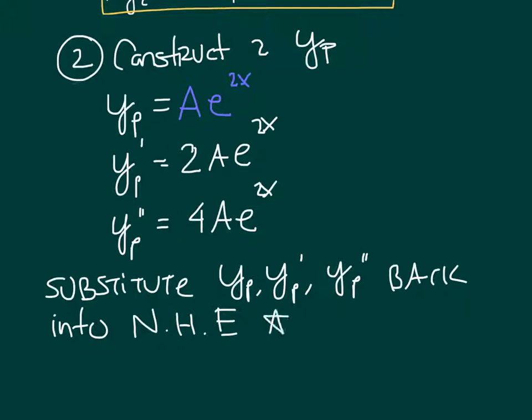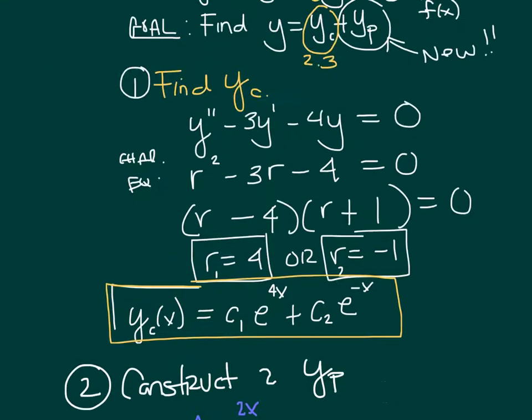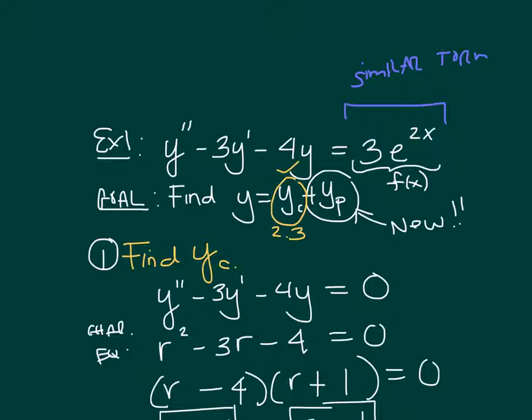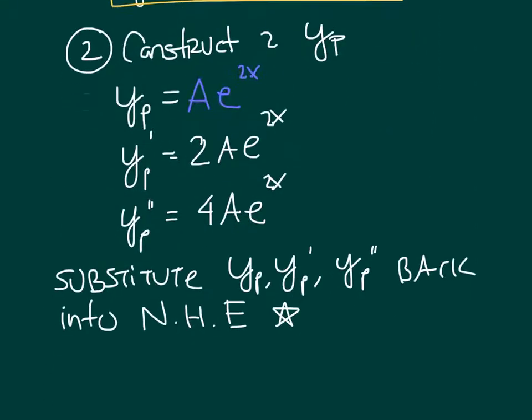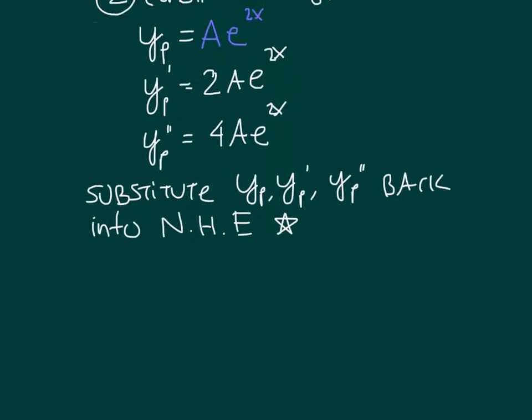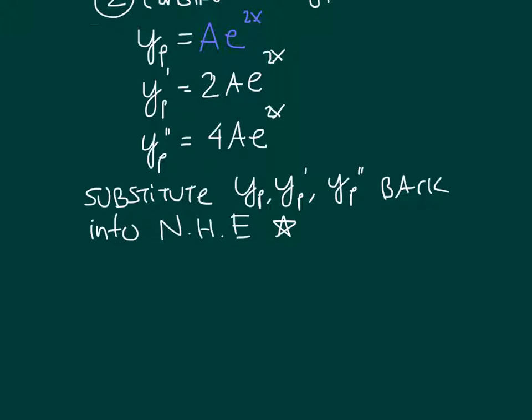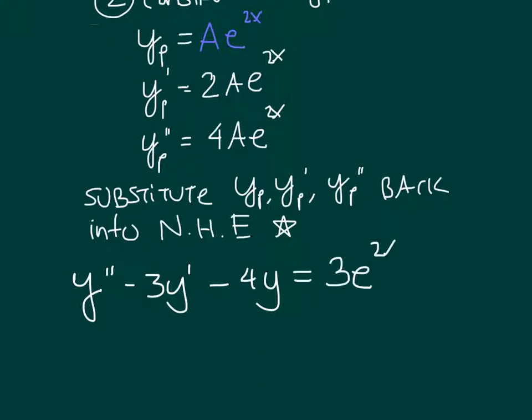Maybe call it star. So it's just our original equation. Let's substitute our y sub p's back into our star equation. So I'm going to write the original equation: y double prime minus 3y prime minus 4y equals 3e to the 2x. This is again our f of x.